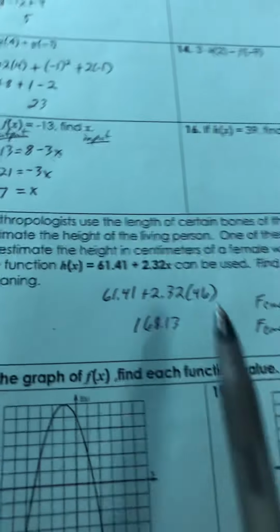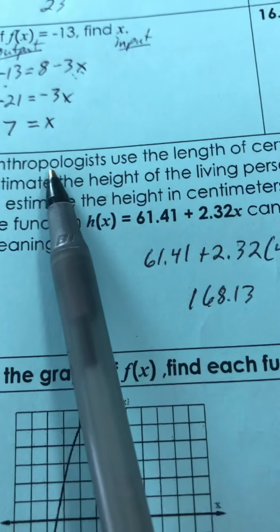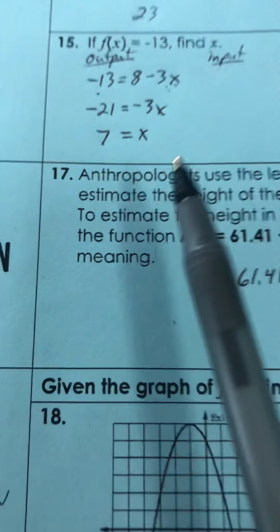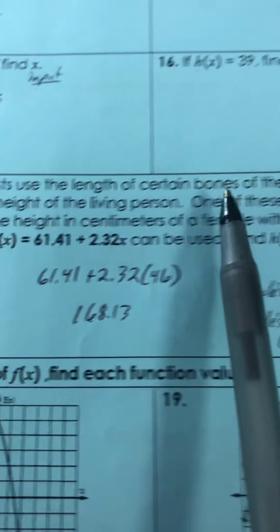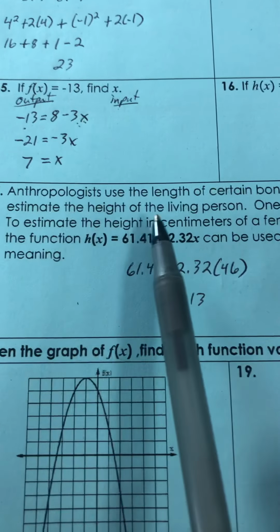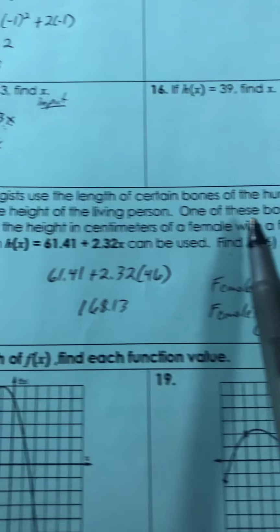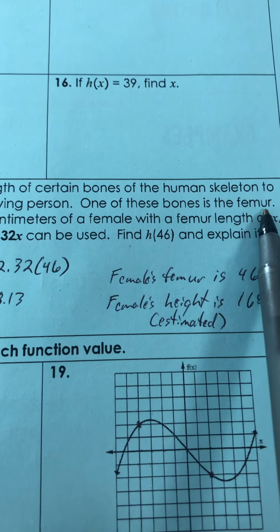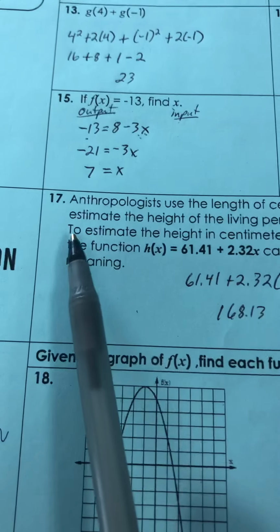All right, anthropologists, people who study remnants of people to figure out different things. Anthropologists use the length of certain bones of the human skeleton to estimate the height of the living person. One of these bones is the femur, that's your thigh bone.